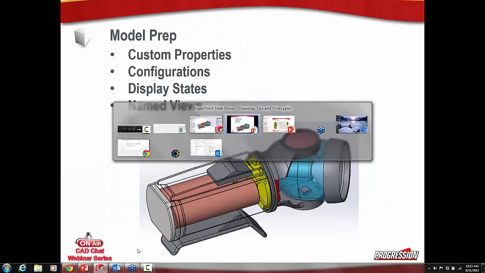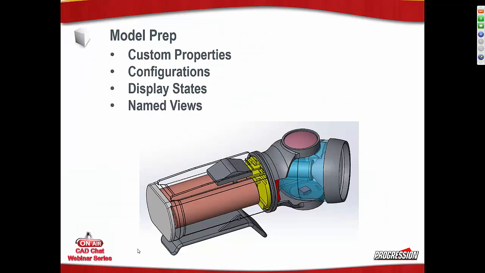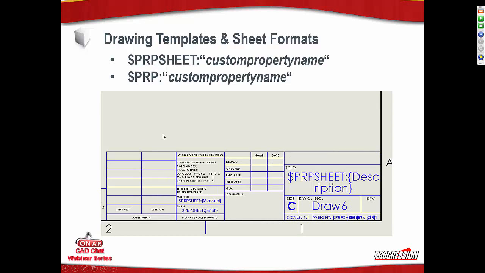Back to the PowerPoint. And let's talk about templates a little bit, drawing templates in general. Typically what you'll want to do to fill out your title block, to pull that information from your custom properties, you will need to set up your title block so that you're pulling that information.